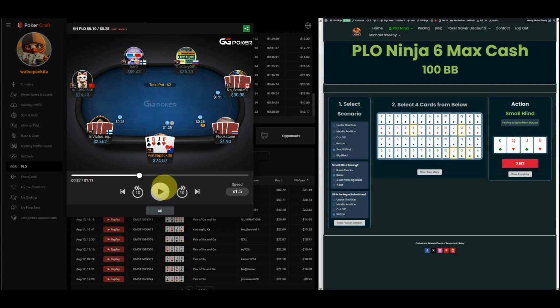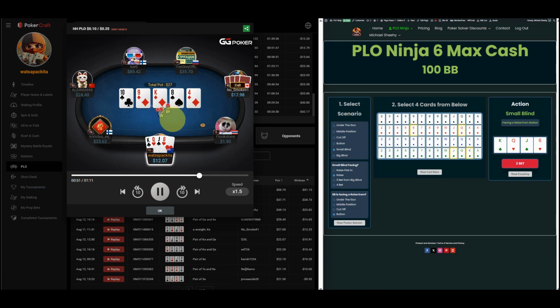So we effectively did what we're supposed to, and I just bang it in. Probably keep banging it in. This guy must hit his flush draw. I suppose the question is, can I fold?